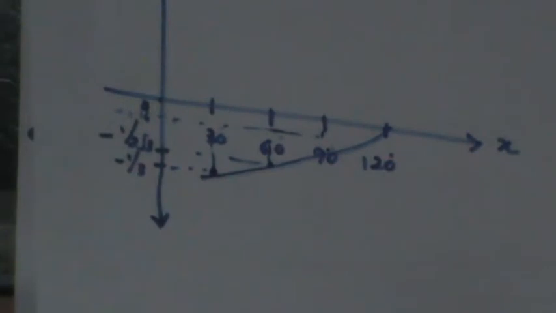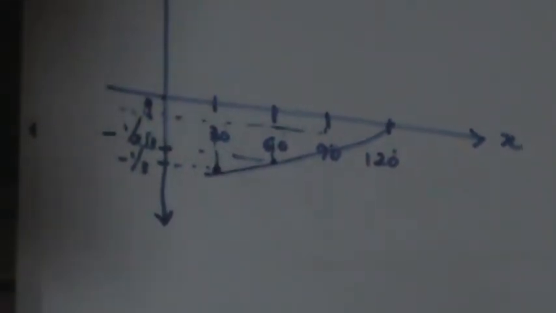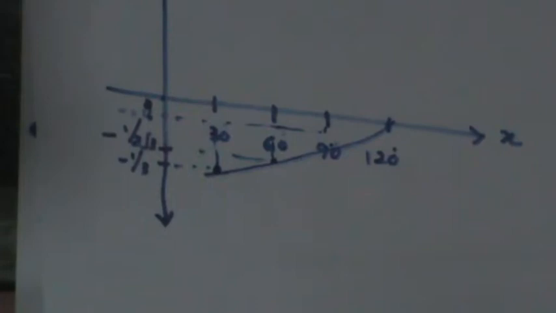When x is equal to 0, sin(x plus 60) is sin 60, which is root 3 by 2, multiplied by minus 1/3, so that is minus root 3 by 6. I said it should be somewhere here, minus root 3 by 6.